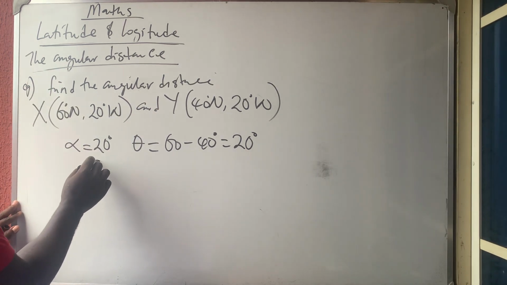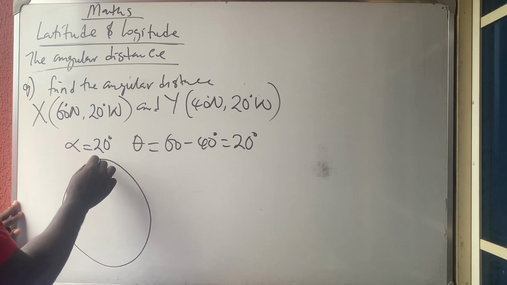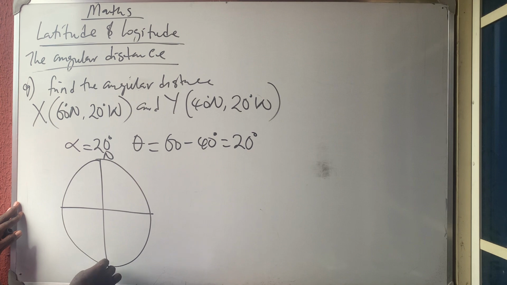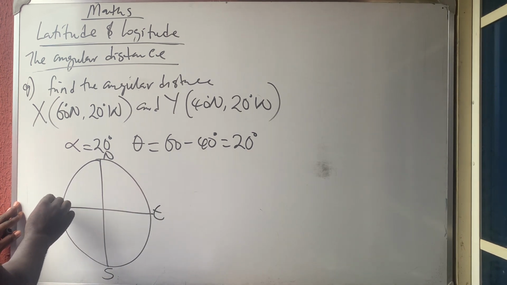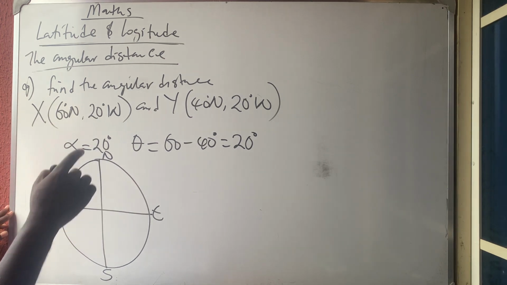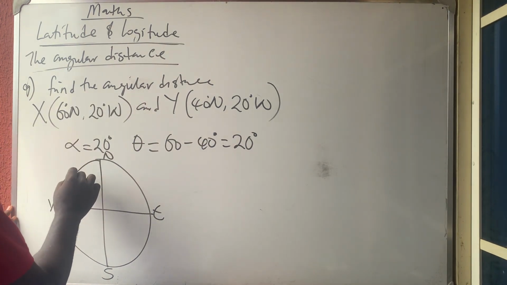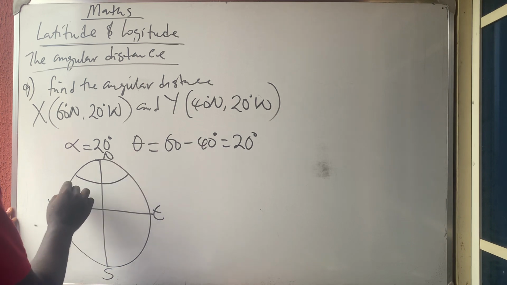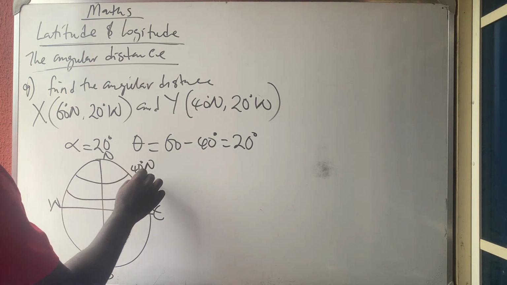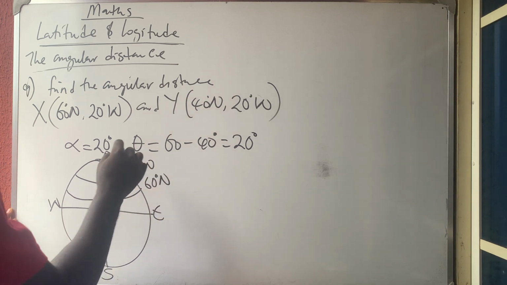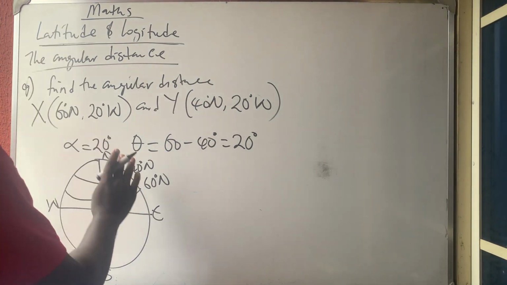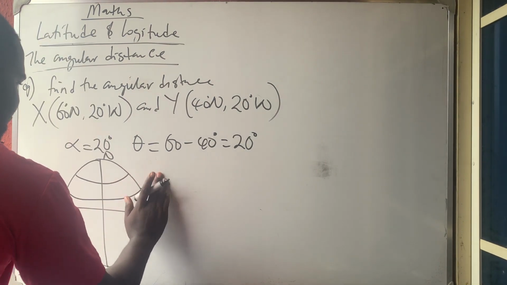But let us show it in our diagram. This is my cardinal points: north, south, east and west. Draw the first ones: 60 degrees north and 40 degrees north. Sorry, that was a mistake, the 60 degrees should be up.